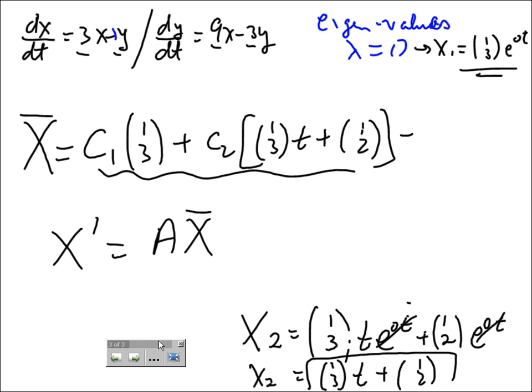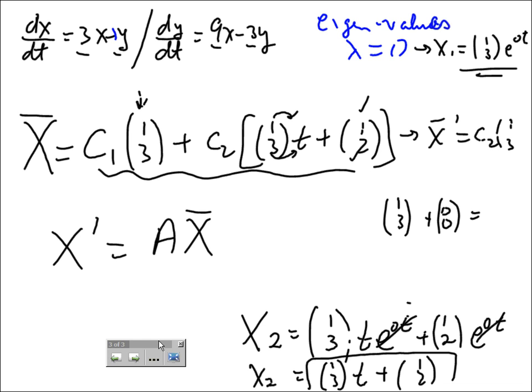Now, of course, x prime will be, well, the derivative of 1 is 0, the derivative of 3 is 0, you're going to get the 0 vector, plus c2 times, well, the derivative of 1t is 1, the derivative of 3t is 3, plus the derivative of 1 is 0, derivative of 2 is 0. So I have 1, 3, and I'm adding 0, 0, so I just get 1, 3.